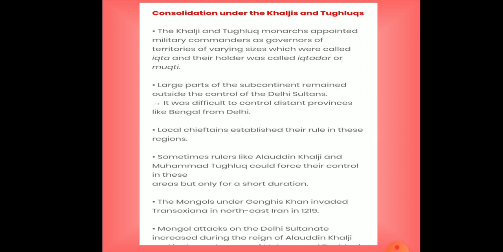So the Sultan could not properly control all the area because their area of rule was too big. The Mongols under Genghis Khan invaded northeast Iran in 1219. Mongol attacks on the Delhi Sultanate increased during the reign of Alauddin Khilji. So, frequent Mongol attacks.